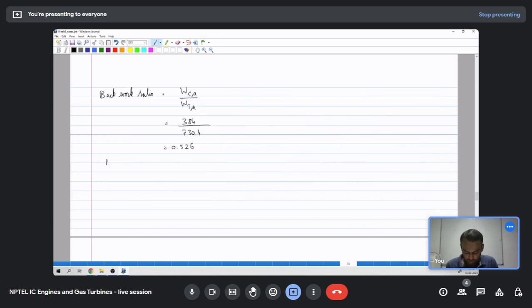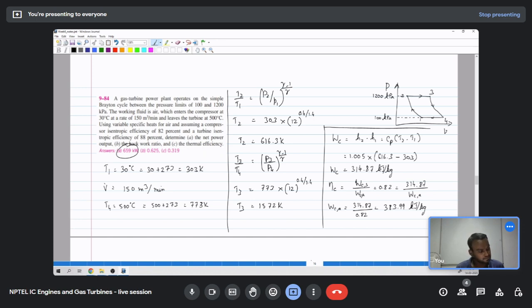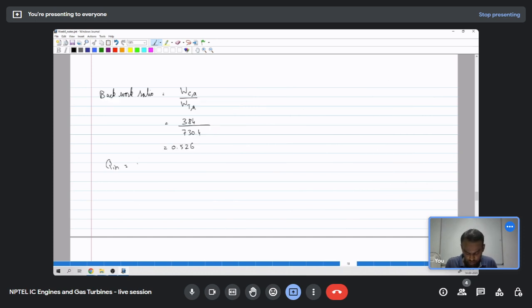Next we have thermal efficiency, for which we need Qin. Qin is enthalpy at state 3 minus enthalpy at state 2A.